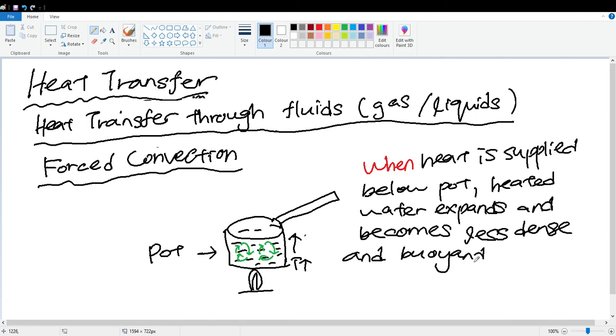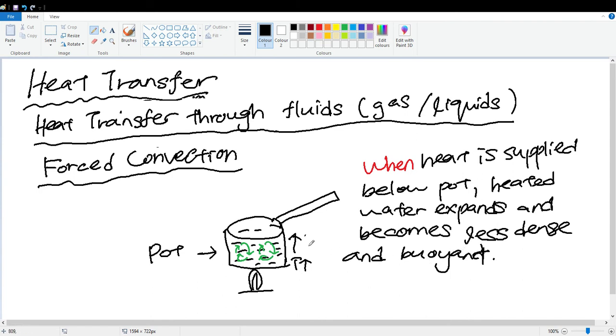So more buoyant actually means the water becomes less dense. So when heat is applied below the pot, the heated water expands and becomes less dense and more buoyant.